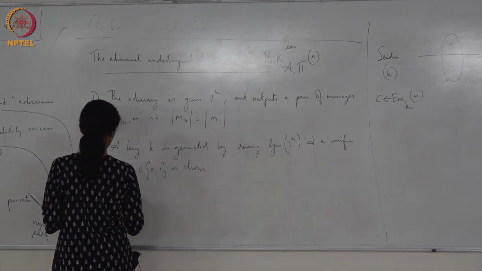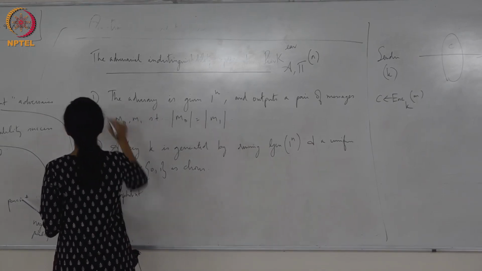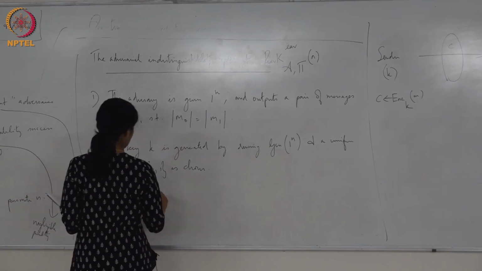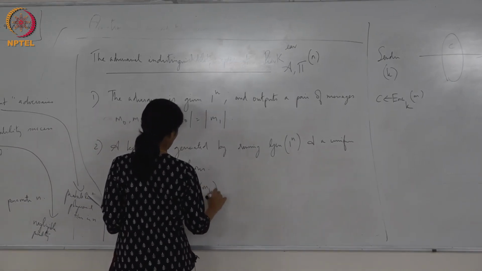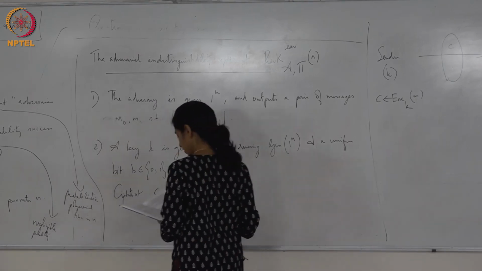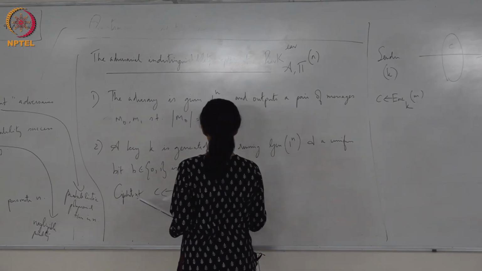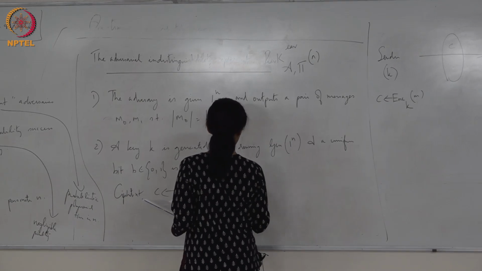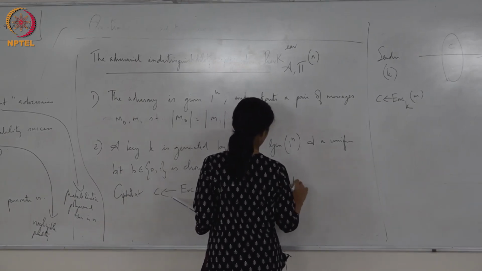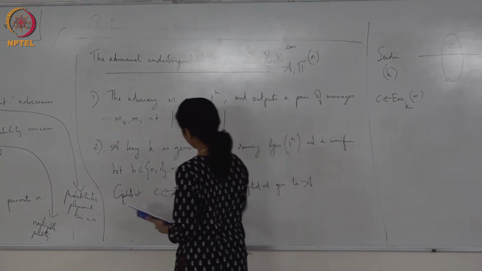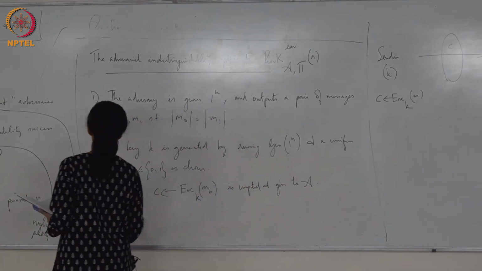The ciphertext C is again computed as the encryption of M_b under the key k. Again we refer to C as a challenge ciphertext.